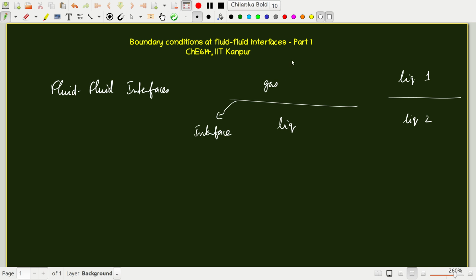Now fluid interfaces are often mobile in the sense that they are free to deform, and they are very different from rigid boundaries.